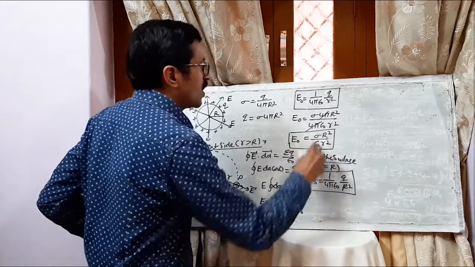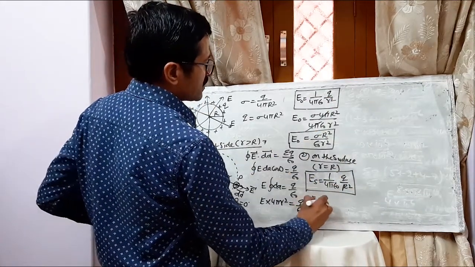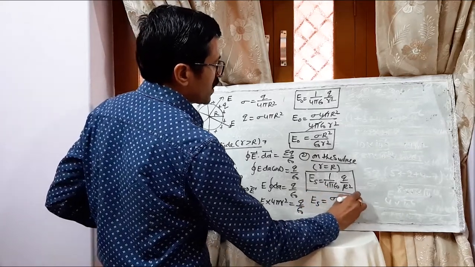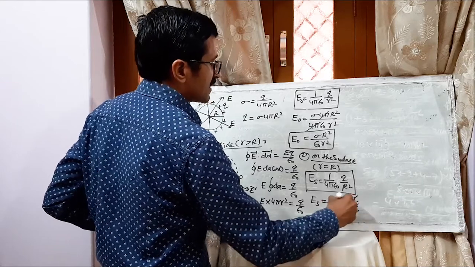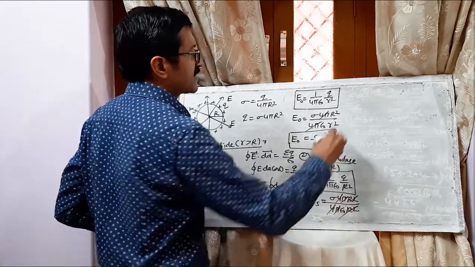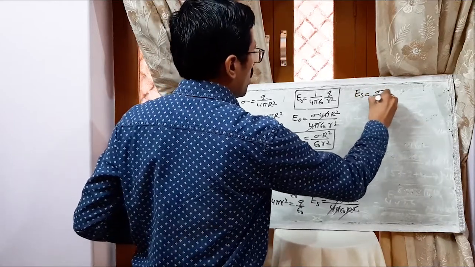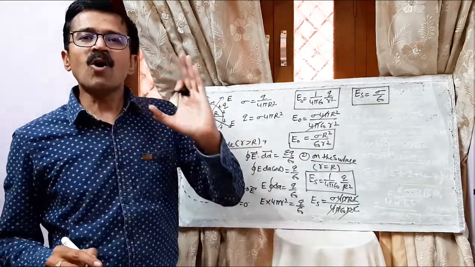In place of small r, you have to put capital R. Or you can write it in terms of sigma. E surface is equal to sigma into 4 pi capital R square upon 4 pi epsilon naught capital R square. The 4 pi will get cancelled. You will have the answer E surface is equal to sigma upon epsilon naught. This is electric field intensity on the surface.